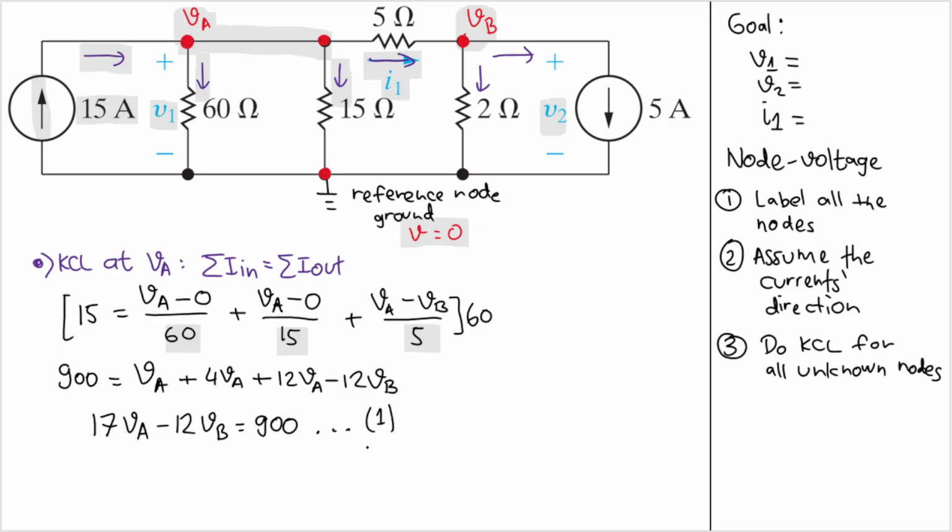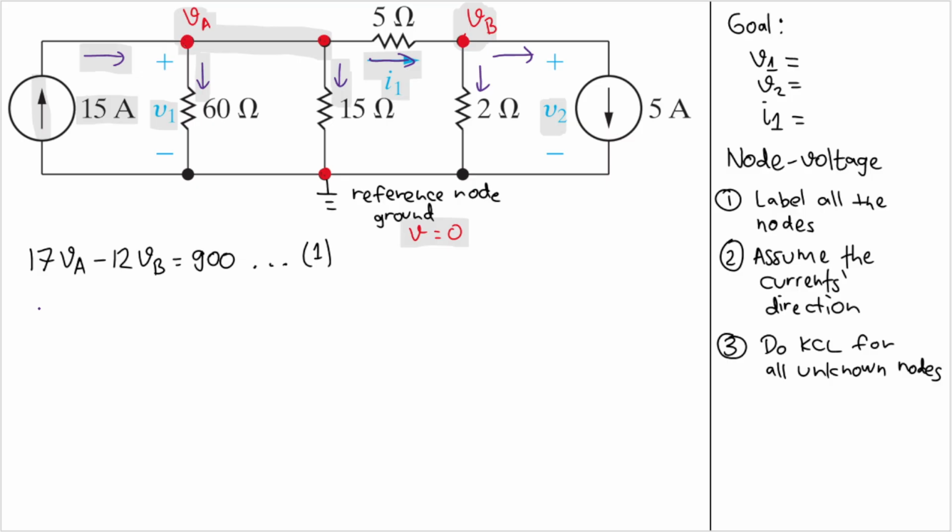Good, and now we need to do another KCL at this node here at VB. Okay, maybe let's clean things a bit. Okay, now for the next step, let's do KCL at VB. KCL, the Kirchhoff current law at VB. And KCL said that the sum of the current that goes in will equal to the sum of the currents that goes out.